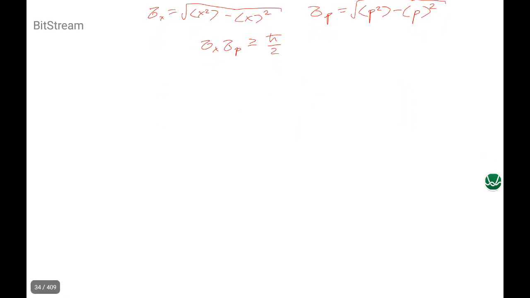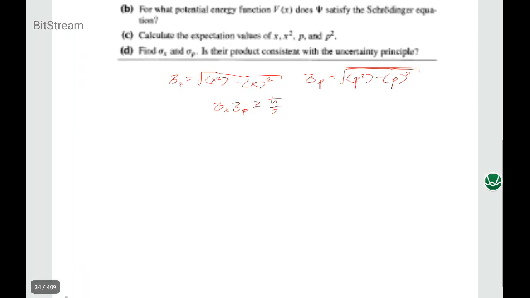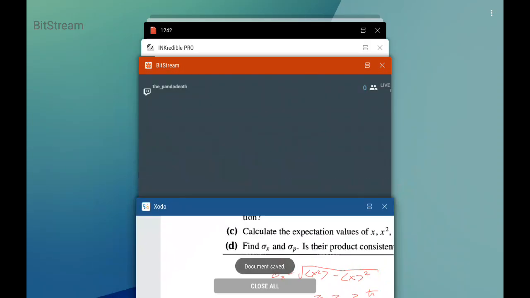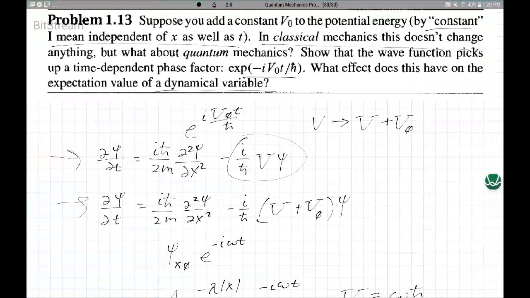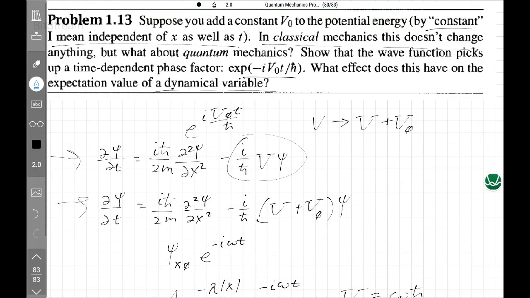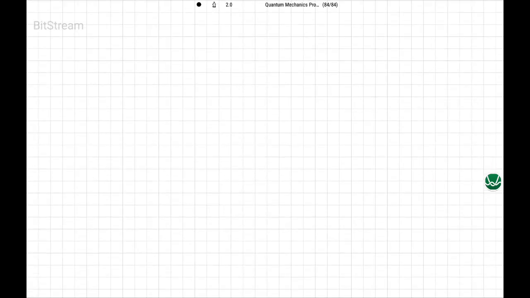When I learned it again in my graduate school quantum mechanics class, our professor wanted to get into the proof that the uncertainty principle comes from Fourier analysis.